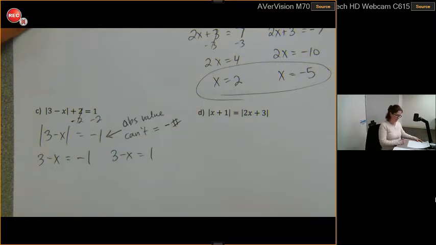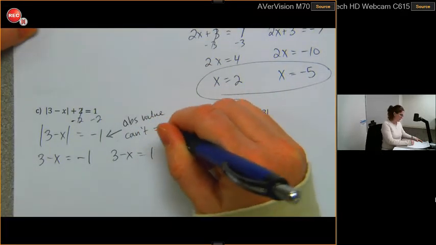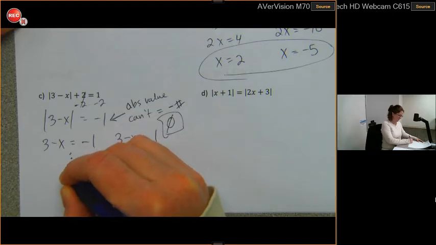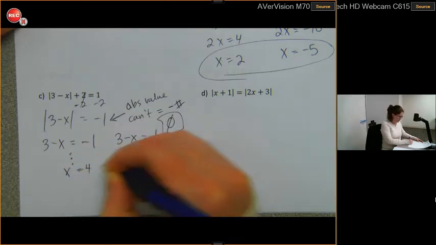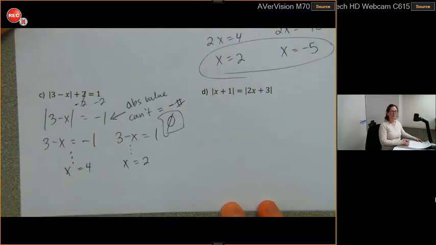Since we have absolute value equaling a negative number, what that means for this particular problem is we have no solution. Now, if you happen to solve this problem, you would end up with numbers. You'd get x equals 4, and you'd get x equals 2.